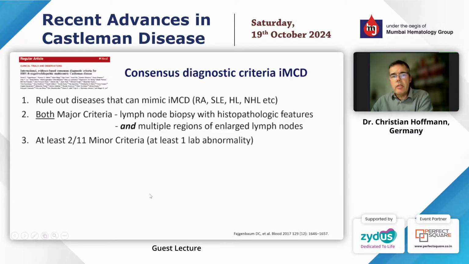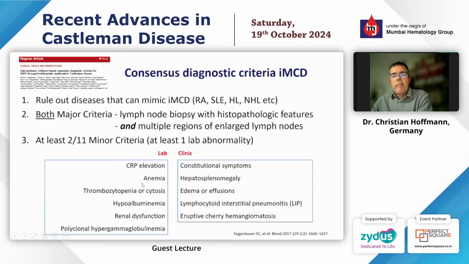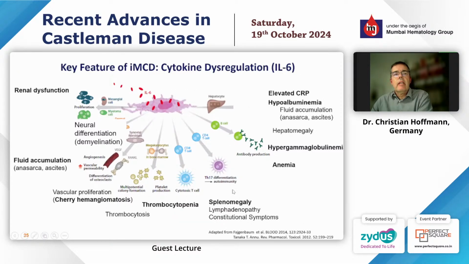And you need all criteria and lab criteria: CRP elevation, anemia, thrombocytopenia, constitutional symptoms, large spleen, edema, effusions. You may ask yourself, how can these symptoms and findings be explained? I can tell you the explanation is relatively easy.